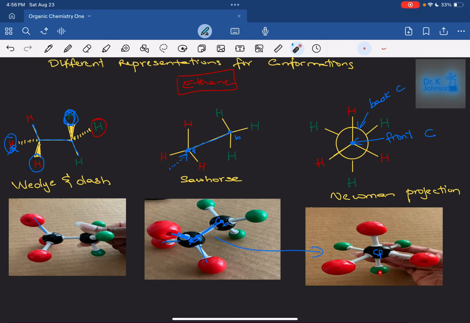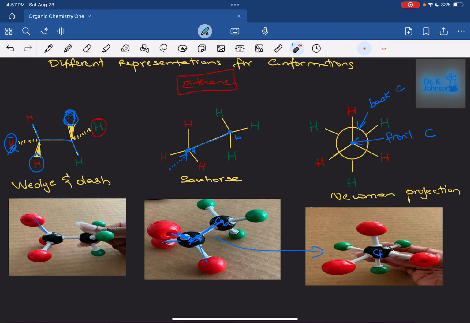These green hydrogens are on the back carbon, but because I orient the molecule so that the front carbon blocks out the back carbon, you do not see the back carbon. Here's my front carbon. You have one bond straight up and two to the side. In the back, the circle represents the back carbon.